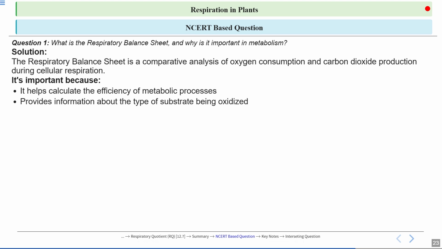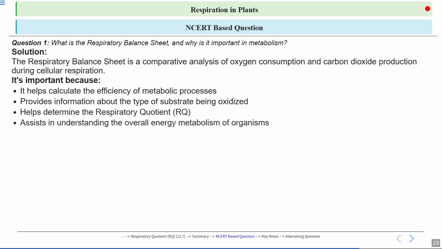Then it also provides information about the type of substrate that is being used during respiration, that is the type of substrate that is being oxidized. It also helps us determine the respiratory quotient, which is the ratio of carbon dioxide evolved to the oxygen consumed. And then it assists in understanding the overall energy metabolism of organisms.